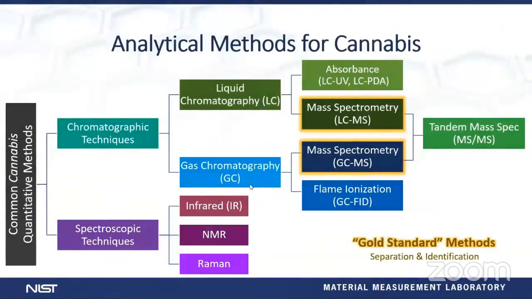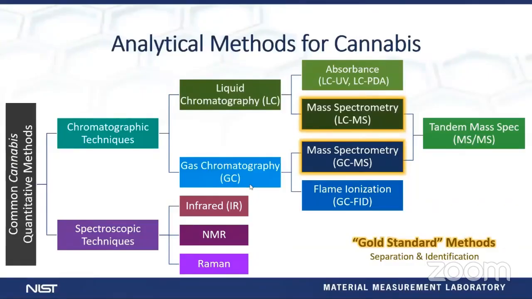So first, just a general overview of what's possible for quantitative methods. Generally these can be separated out based on chromatographic and spectroscopic methods. LC and GC are the two primary methods used in the forensic space. LC can be combined with a UV detector or a single quad mass spectrometer.